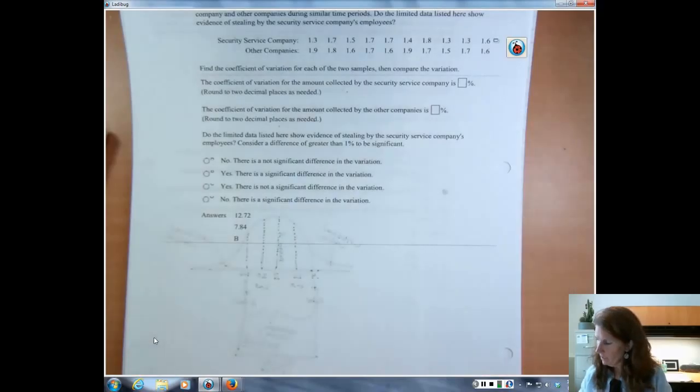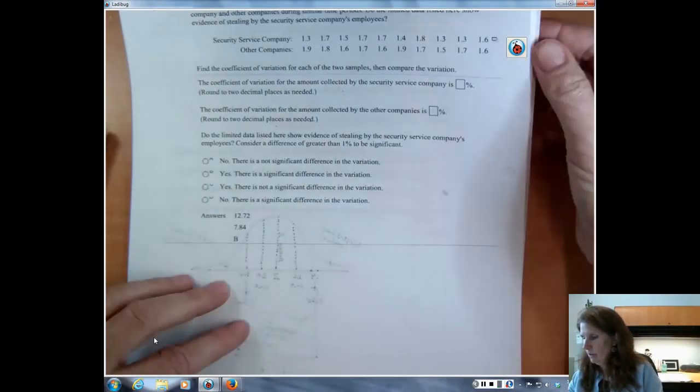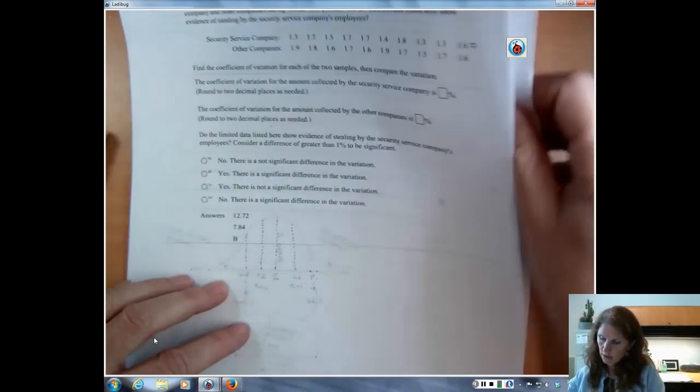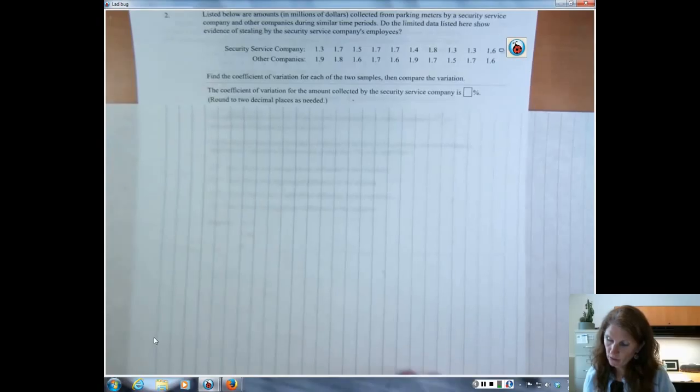Alright, so now we want to calculate the coefficient of variation for these 2 things, for each of the 2 samples, and then compare the variation. So the coefficient of variation for the amount collected by the security service company is something percent. Let's read the problem first.